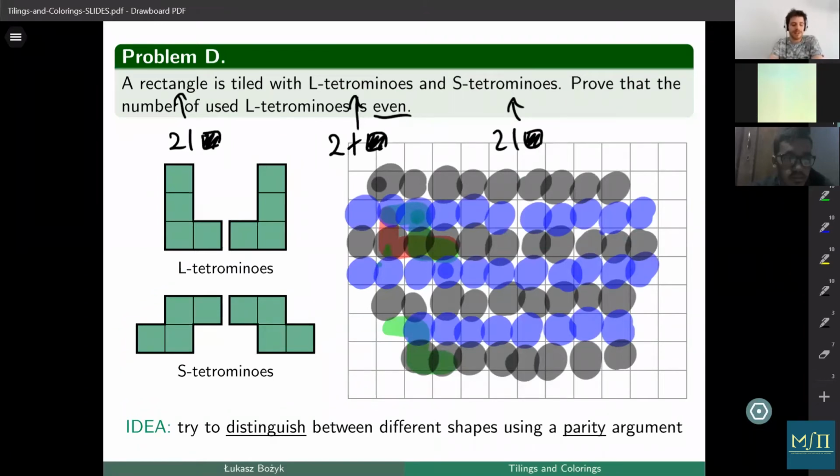But if we have a rectangle which is tiled with those tiles, right? We have L-tetrominos and S-tetrominos, and each of those has 4 cells precisely. So our entire rectangle has a number of cells divisible by 4. And if the area of the rectangle is divisible by 4, and its side lengths are integers, then we are sure that at least one side length of our rectangle is an even integer.